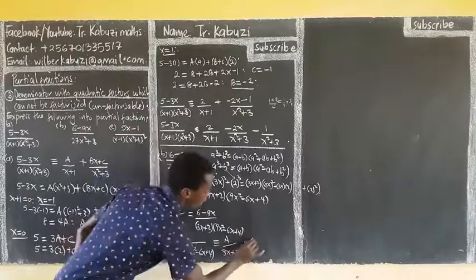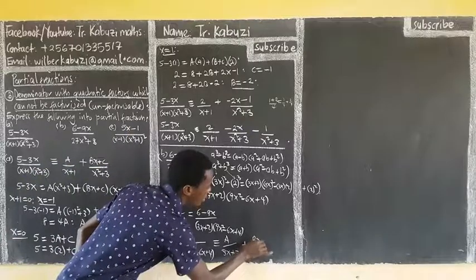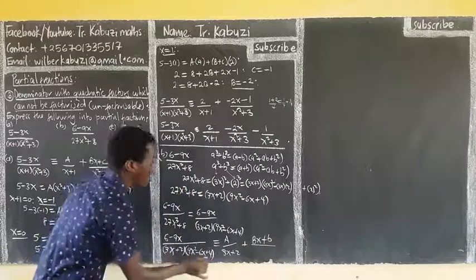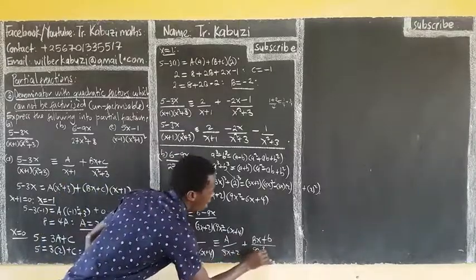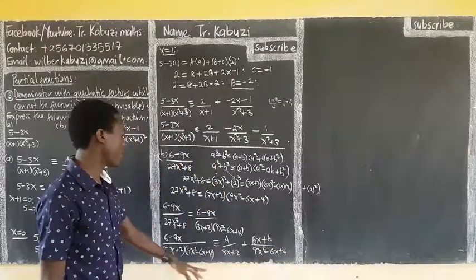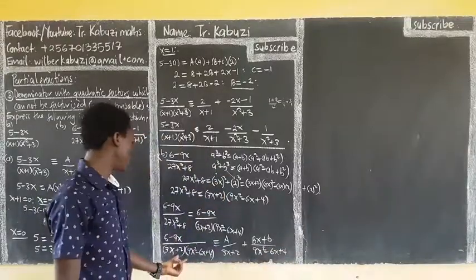So that's why I'm going to say Bx plus C, or you can use another letter, no problem, over 9x squared minus 6x plus 4. So the LCM is this.